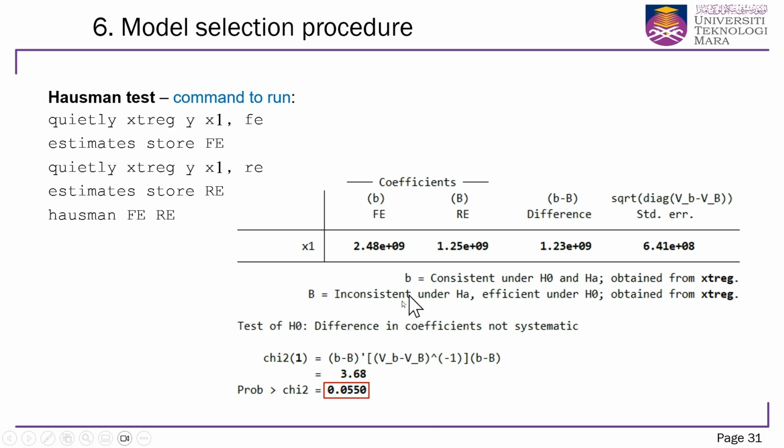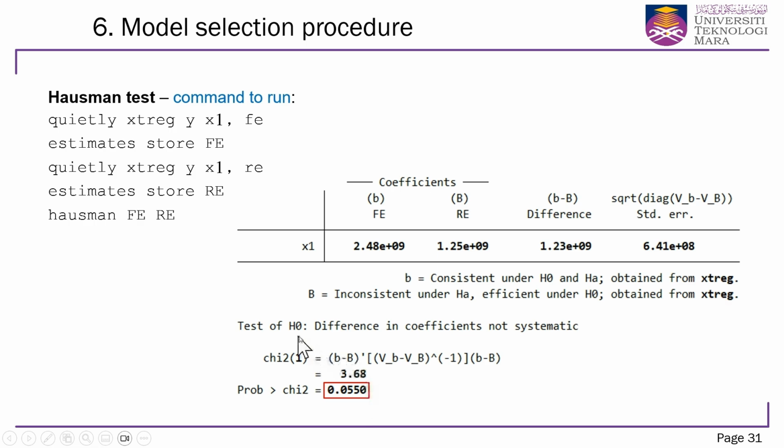Here is the result of the Hausman test for our sample data. We can see here, Hausman test is meant for testing if there is any systematic difference between fixed effects and random effect estimation. We know that this systematic difference is the outcome of the correlation between the unobserved heterogeneity factor in the error term and the regressors. Here we get p-value greater than 0.05 significance level.